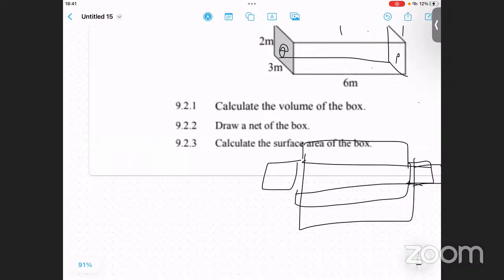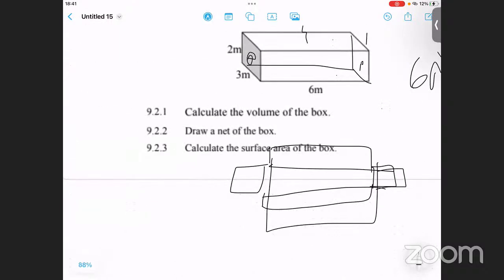Ne? Because you have four rectangular shapes, and the two other ones are also rectangle shapes, but they are small. It has a length of 3 and a breadth of 2, and the other one has a length of 6 and a 2.